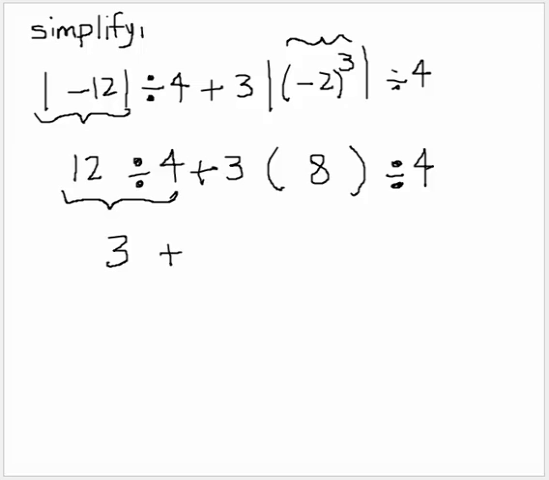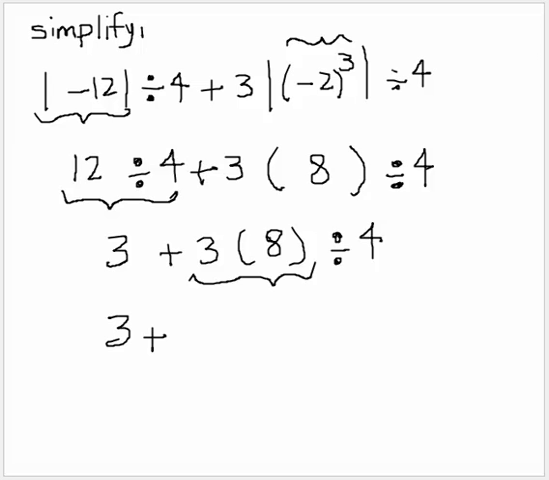So we can copy the rest of the numbers and again go from left to right, looking for multiplication or division, and it looks like one multiplication we have right here now. So we have 3 plus 24.